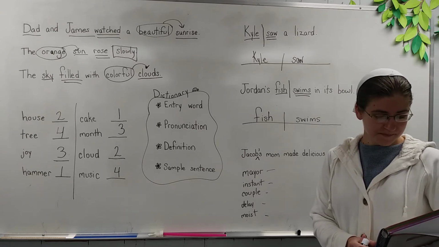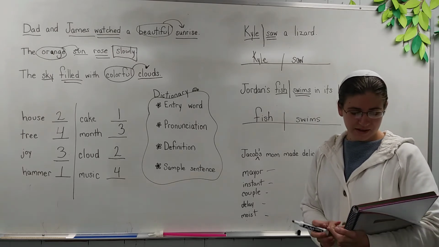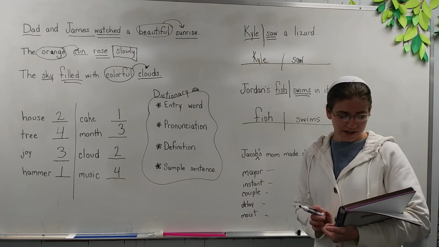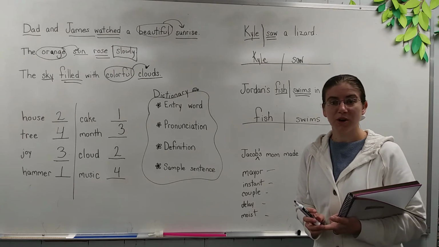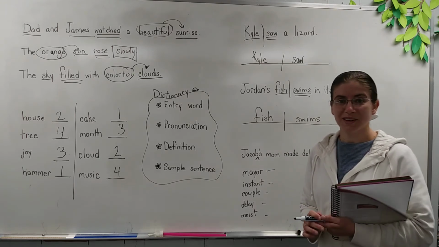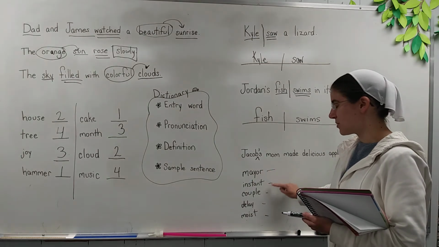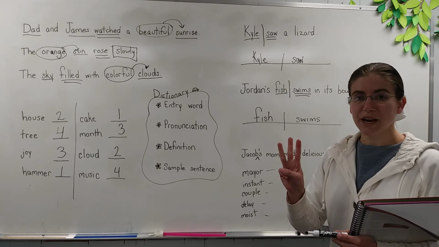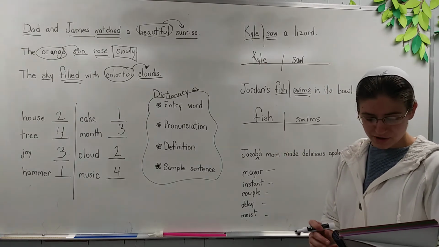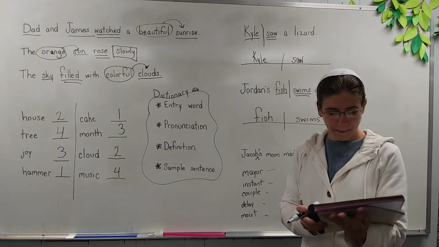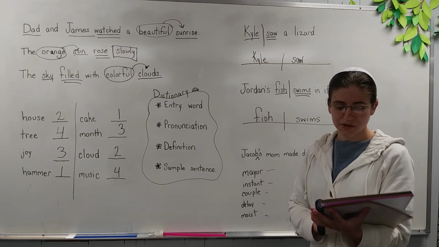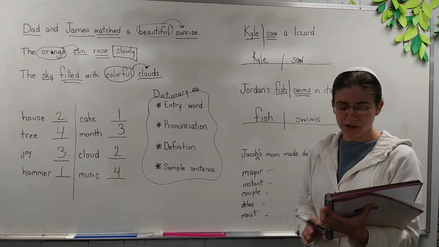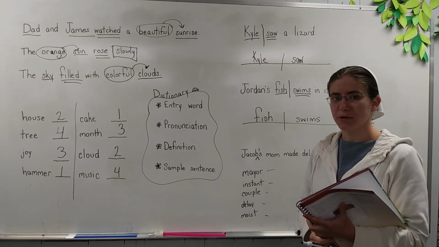Can you see that? Okay, so mare, instant, and couple are all nouns. Your entry words, it says right beside it that it's a noun. So write your 3 nouns on your third paw print. Write the 3 entries that are nouns. Mare, instant, and couple.